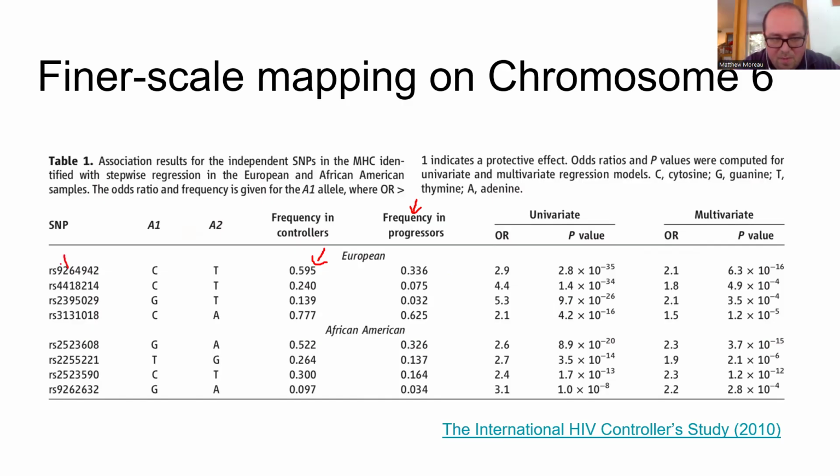But this SNP locus, 9264942, is very different than the one that is most frequently found in people of African descent. So again, still over 0.5 in frequency, and again, really importantly, really good p-values.